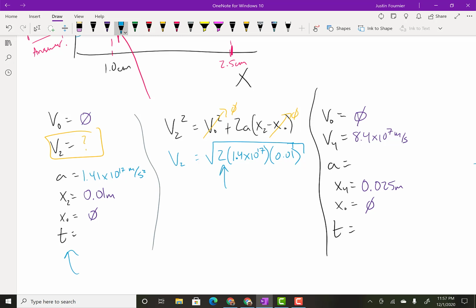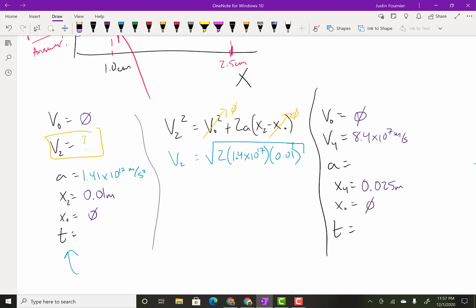Put this in parentheses, put that in parentheses when plugging into your calculator, because your calculator can do some fancy things, but you need to tell it how to do order of operations.